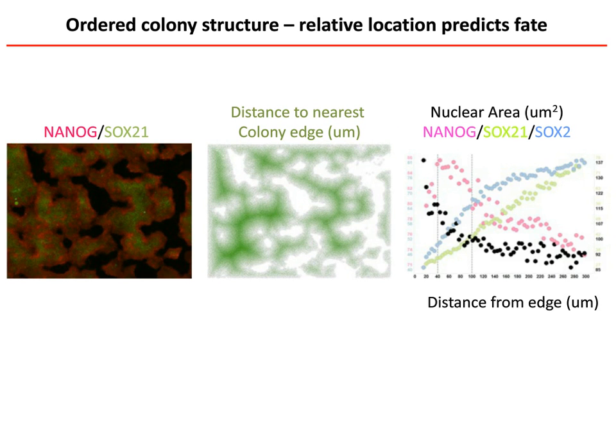So the XY positions, and the third is a calculated distance from the edge, which is shown in green. So the more green the objects are rendered, the further away they are from the calculated edge. And on the right, the scatter plot shows that there's a clear association between NANOG, SOX21, and SOX2 expression.